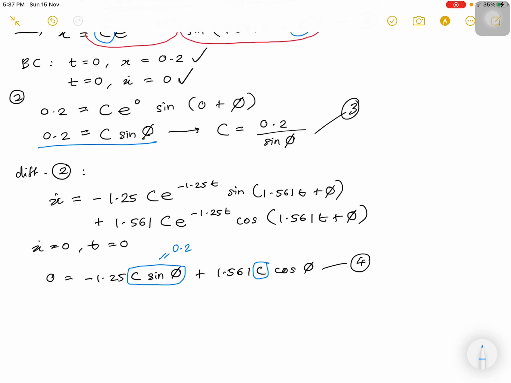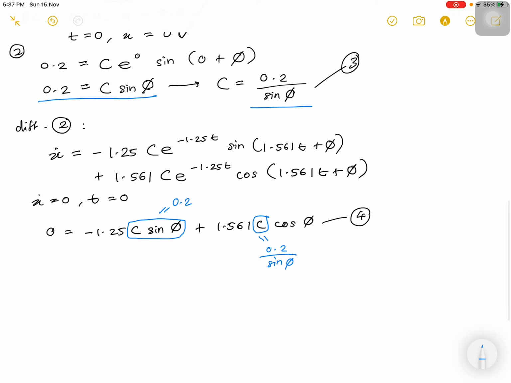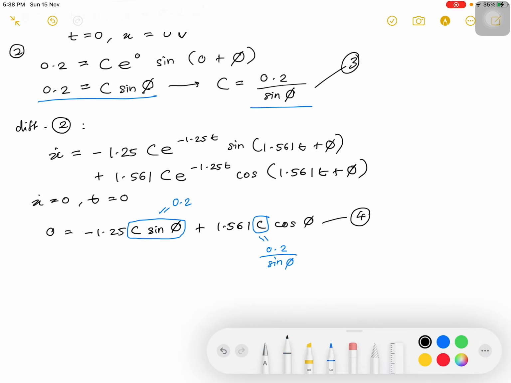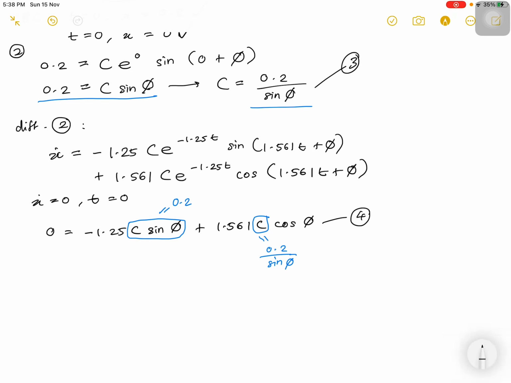Also for C right here, we can replace with this one. So this one is equal to 0.2 sine psi. Alright, so we can elaborate that.